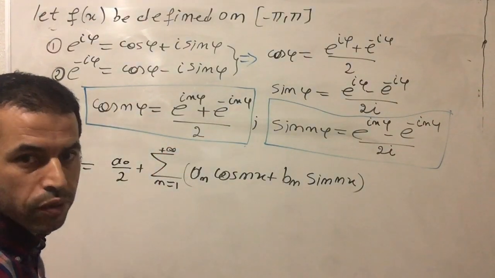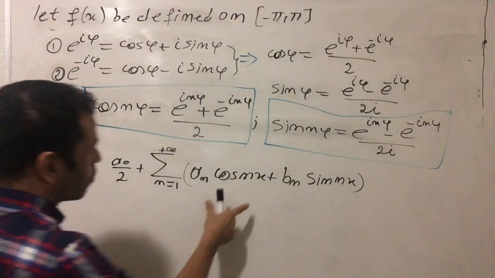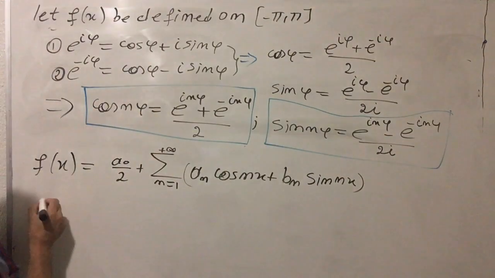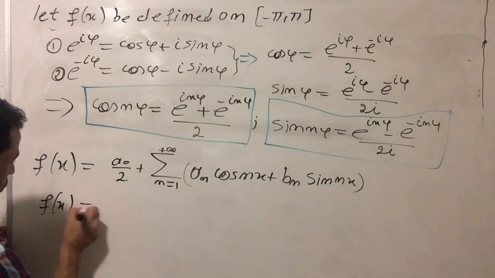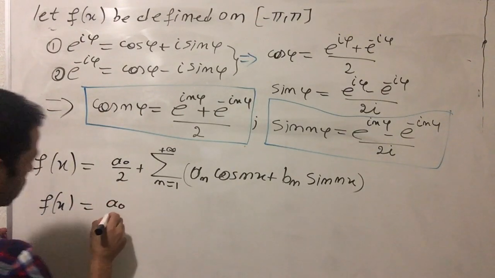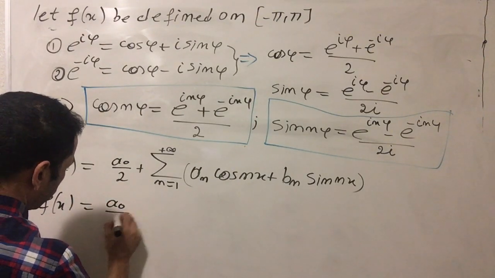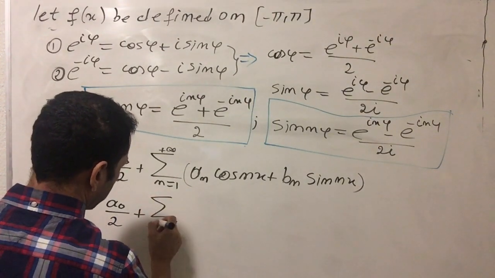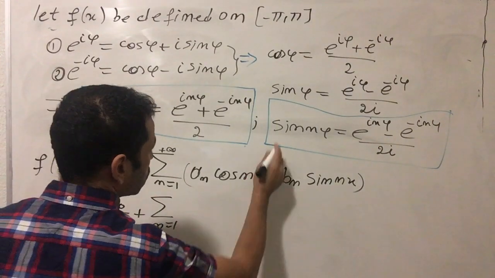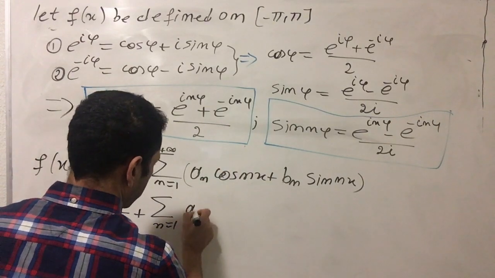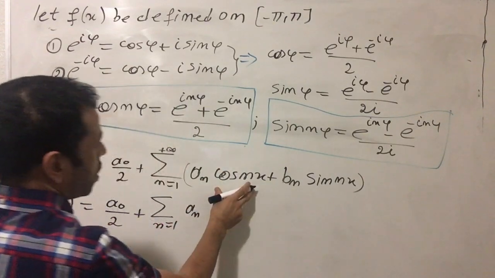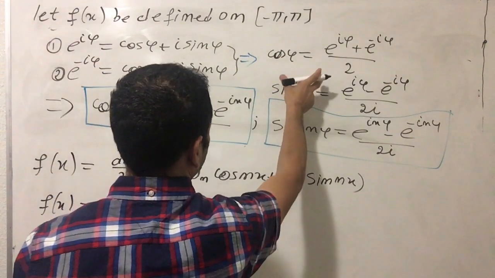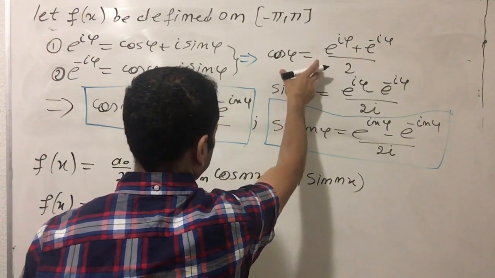Now I'm going to plug cosine n x with Euler formulas. So I will have f of x equal to a naught over 2 plus the sum of a sub n multiplied by cosine n x.